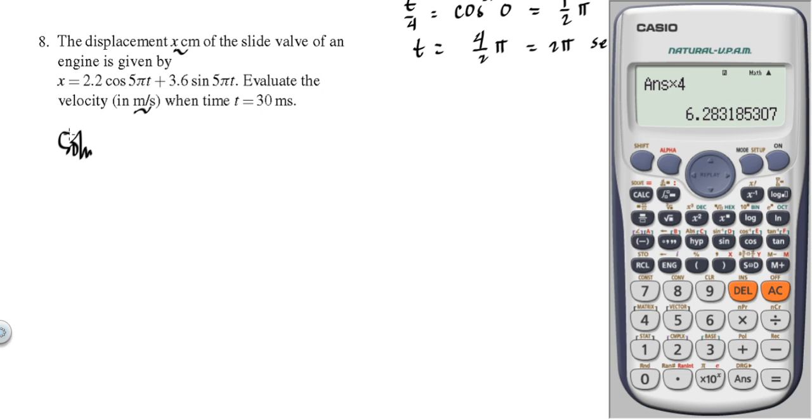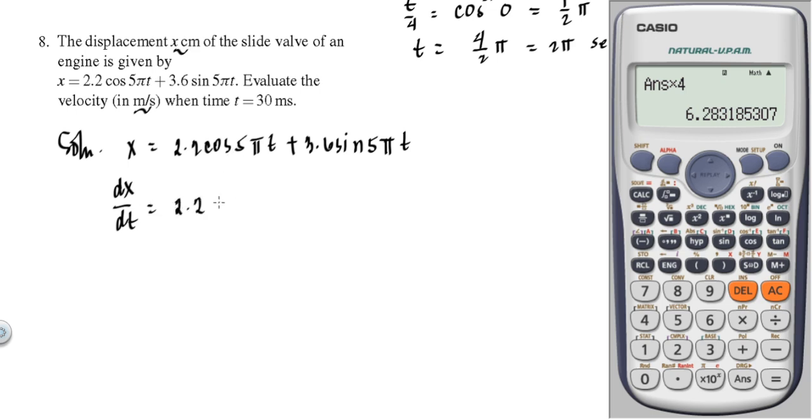Yes. Solution. So copy 2.2 cosine of 5 pi t plus 3.6 sine 5 pi t. Okay. So, velocity hinahanap. So, we have dx over dt equals the derivative of this: 2.2, derivative of cosine is minus sine, 5 pi t, derivative of 5 pi t is equal to 5 pi.